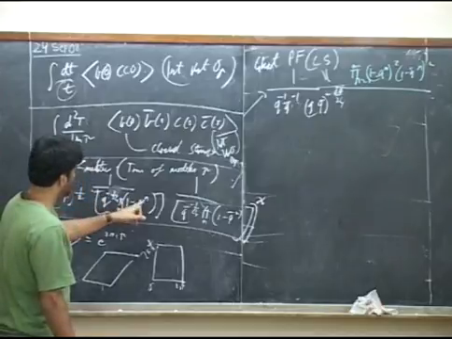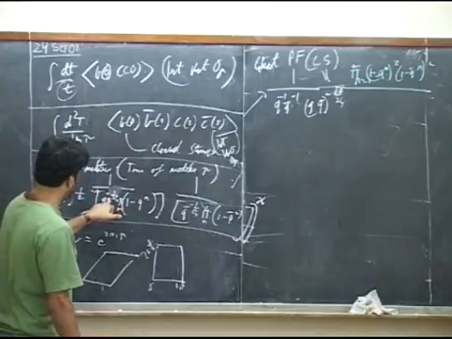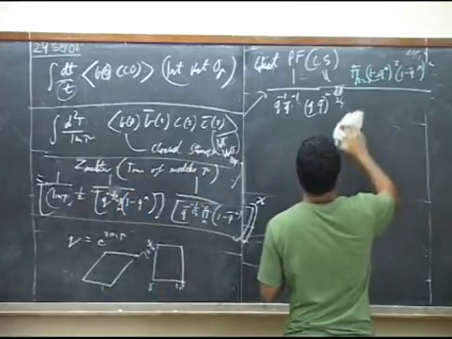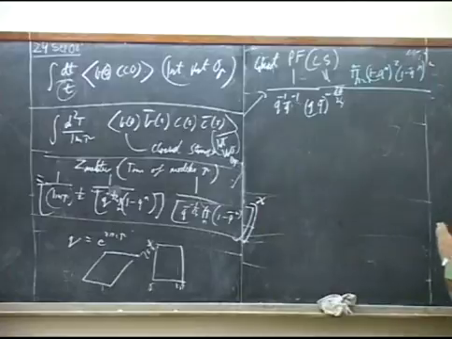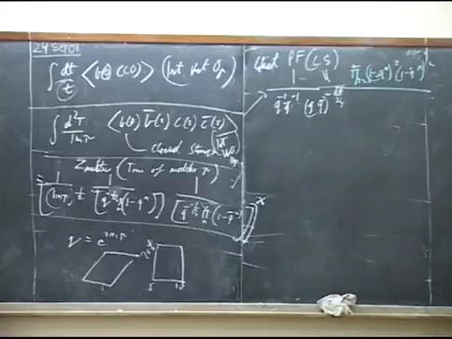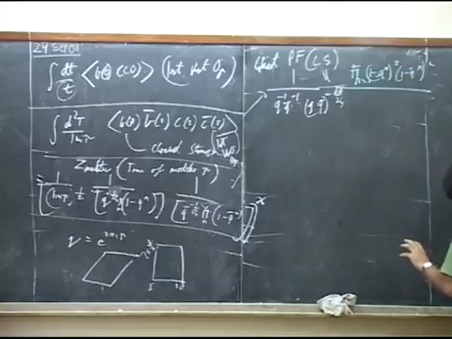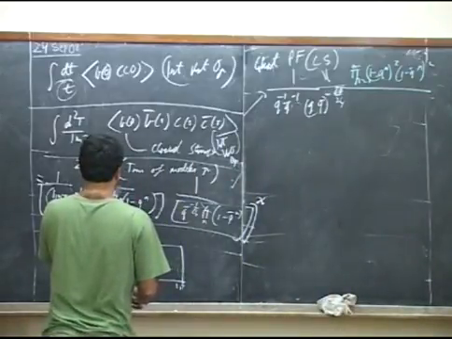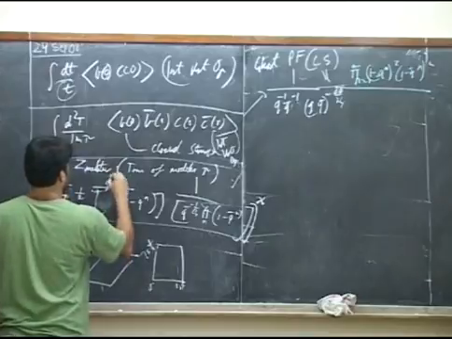I'm sorry, people, I'm getting confused. I should have the ground state q to the power energy. Yeah, it's q to the power energy, and so this is the numerator.